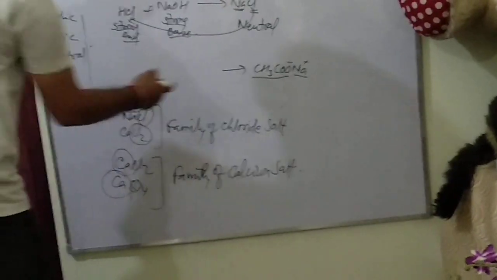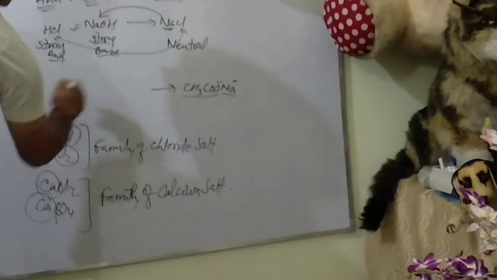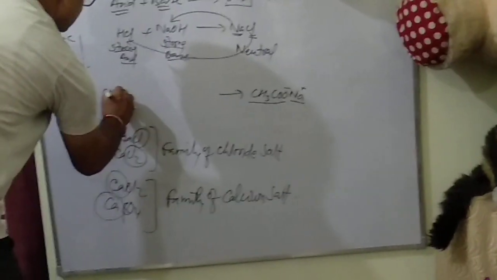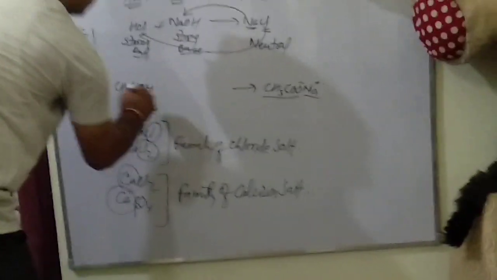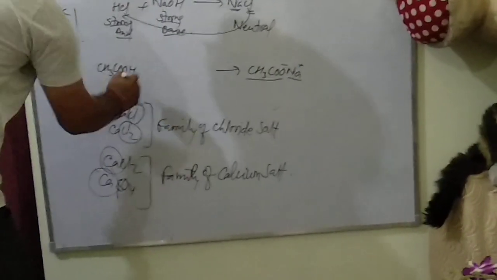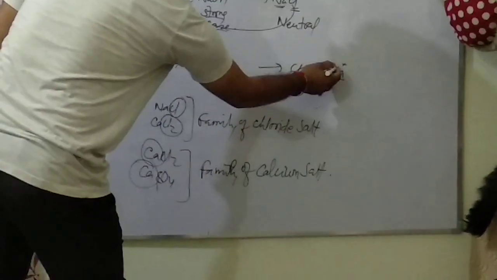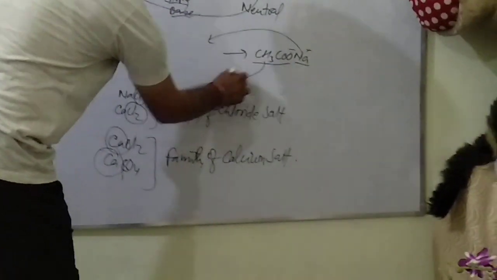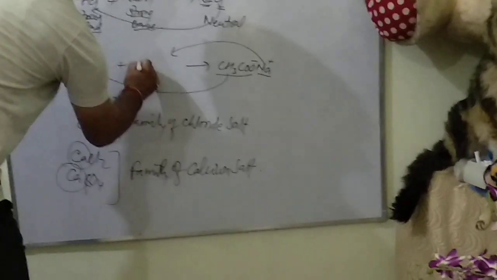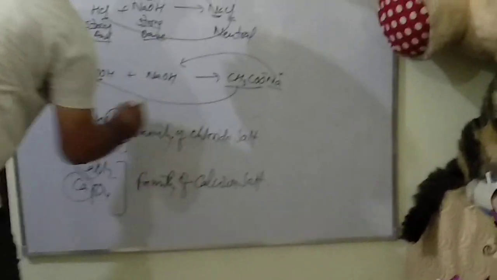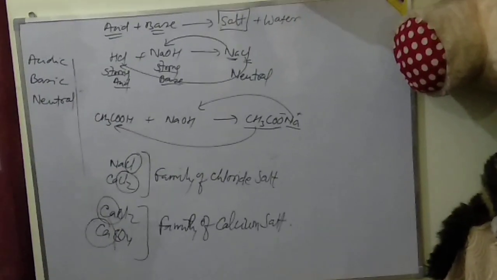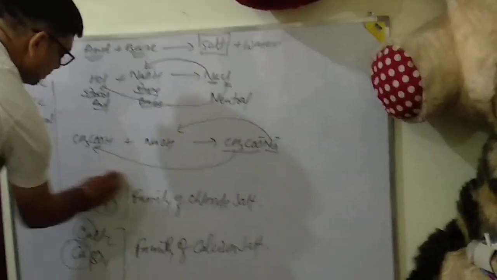So the acid involved in the formation of this salt will be CH3COOH, and the base will be NaOH.